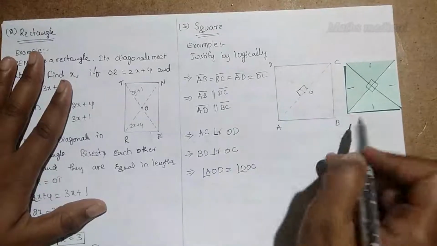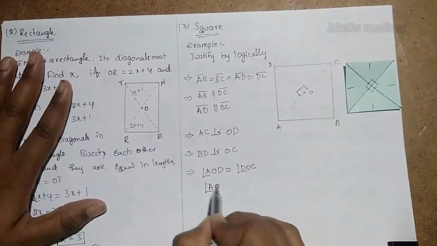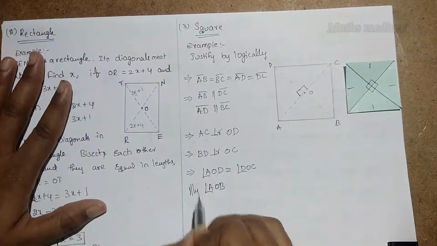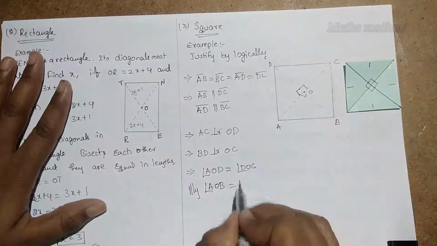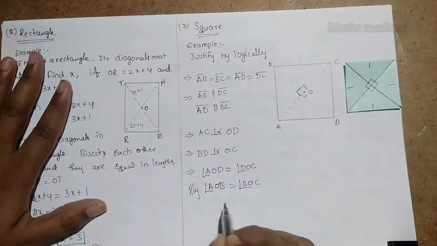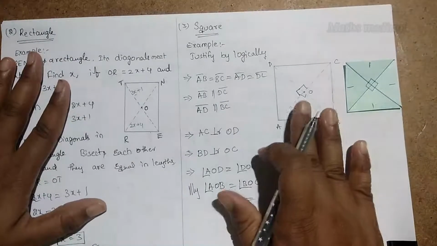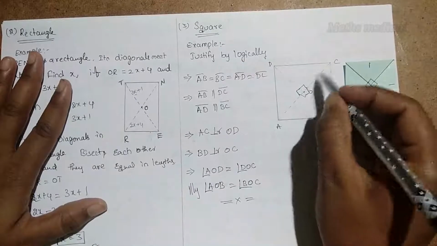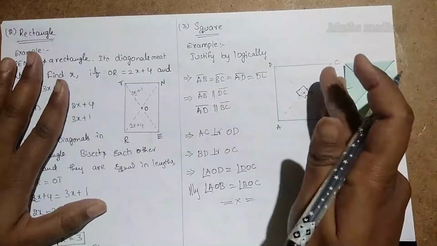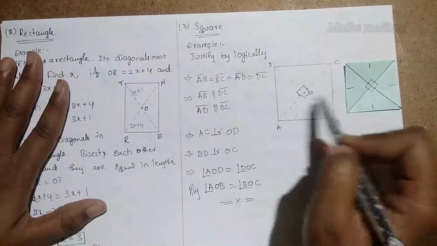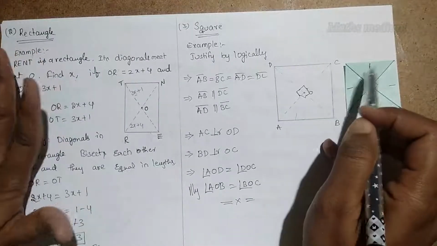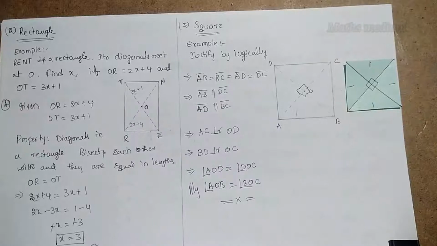Similarly, angle AOB is equal to angle BOC. So here in a square we have diagonals as perpendicular bisectors and two opposite sides of a square are parallel. So this is about the classification of parallelograms.